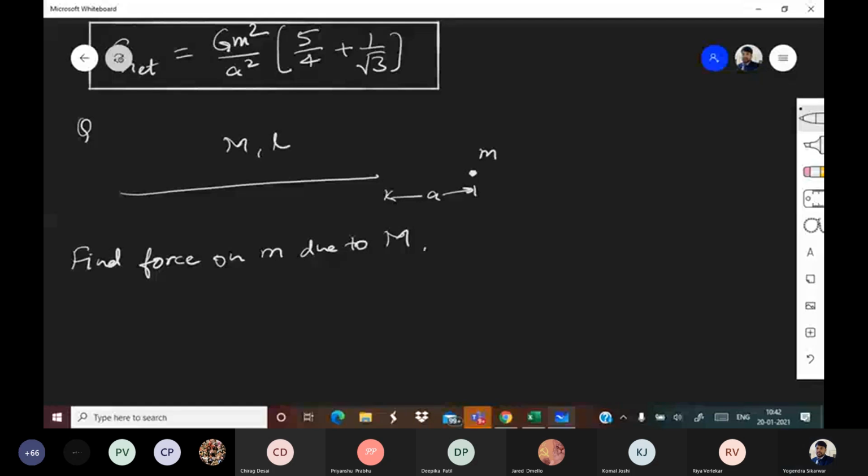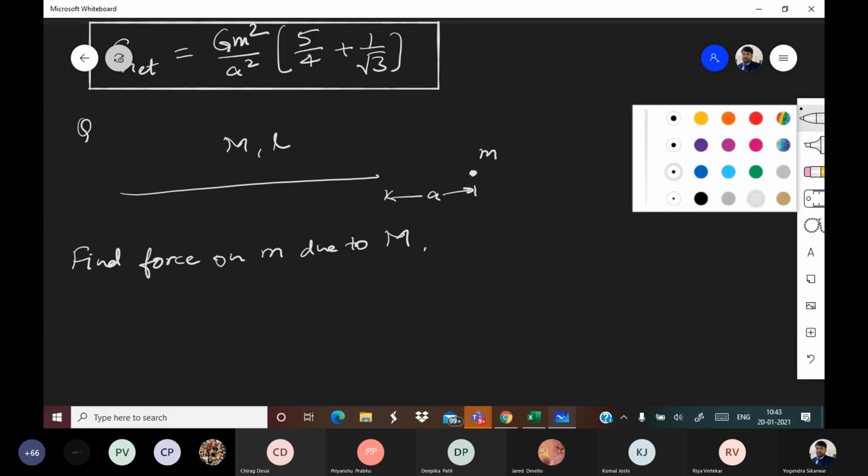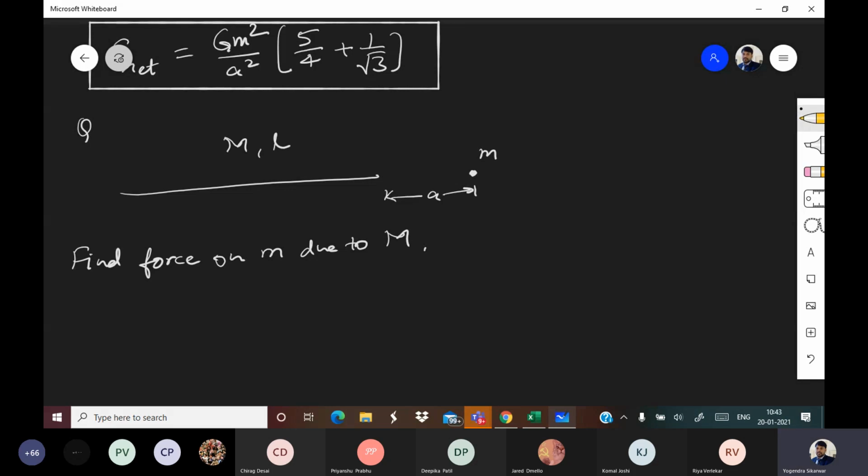Okay. So, as this rod is not a point mass, what people did, they considered the center of mass of the rod to be at the center, which is true.